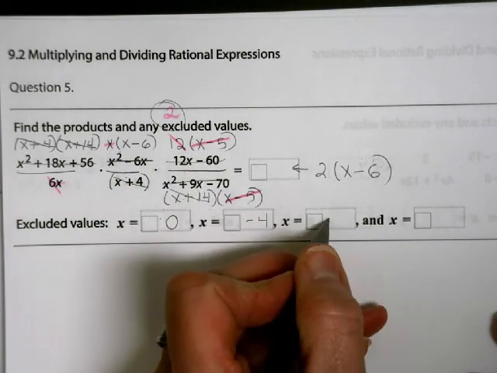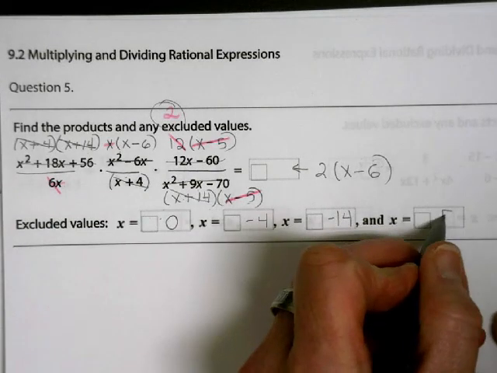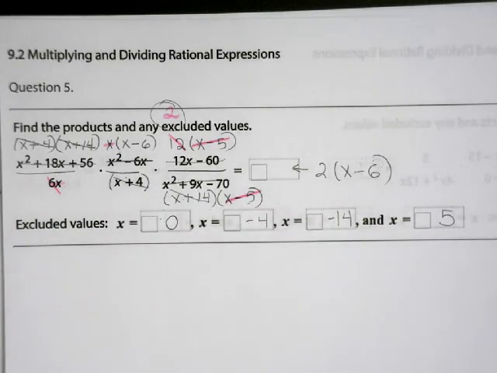Excluded value in x is 0. Excluded value x is a negative 4. Excluded value negative 14. Excluded value positive 5. So it's what makes the denominators in the original expressions 0.